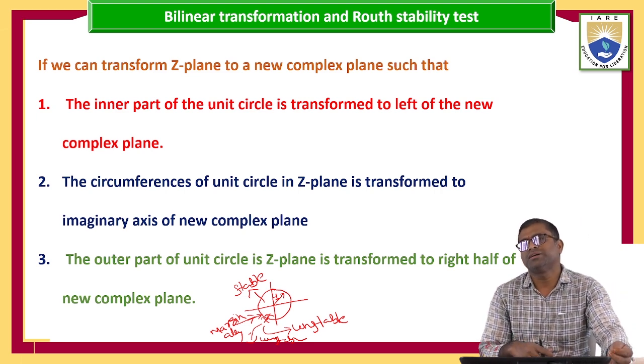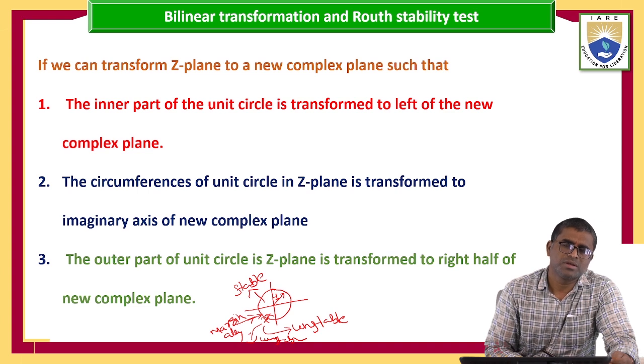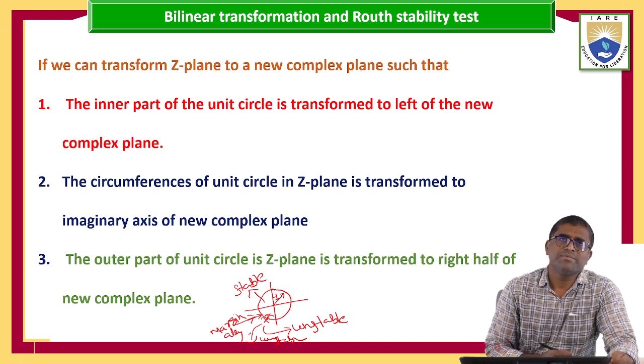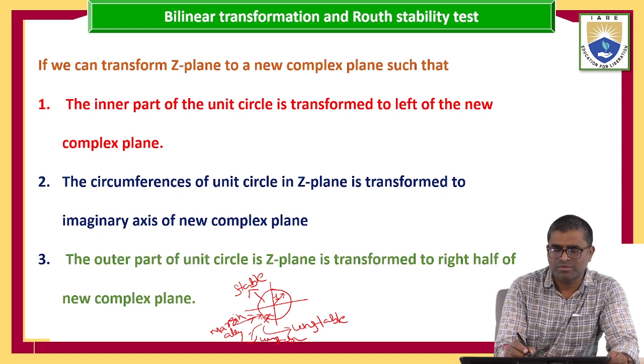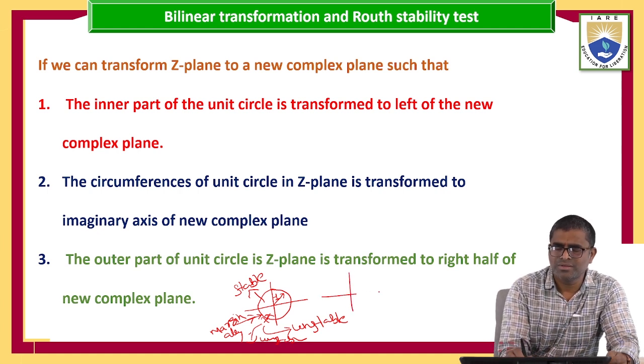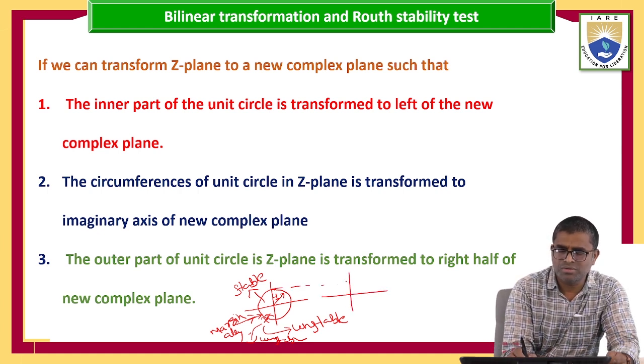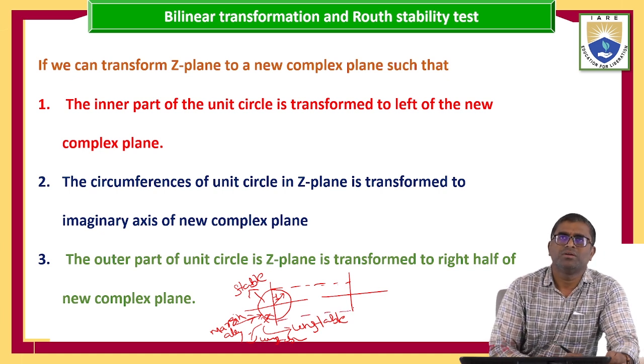Already we saw this in the introduction part. Now, in the case of Routh stability criteria, we are going to transfer the unit circle into the new complex plane.